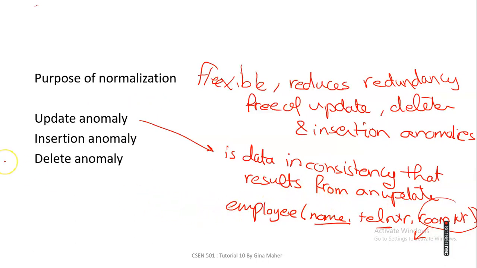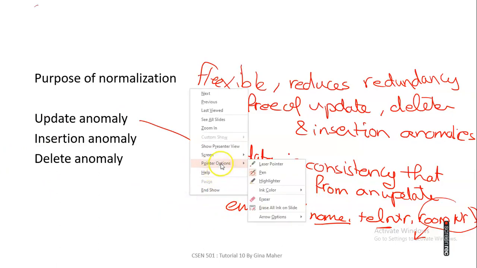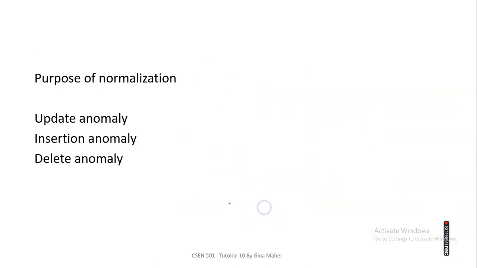Okay, let's take an example for the insertion anomaly. What is the insertion anomaly? Actually, the insertion anomaly occurs when certain information cannot be inserted because of another attribute.